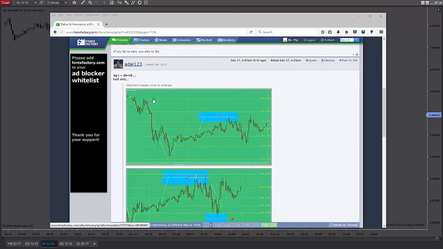Okay, we know that he's trading the euro dollar on a 15-minute chart. If he's trading intraday, this is the wrong time interval for him to trade.